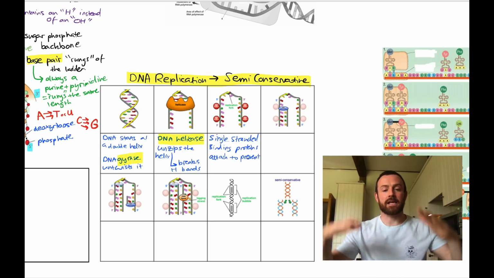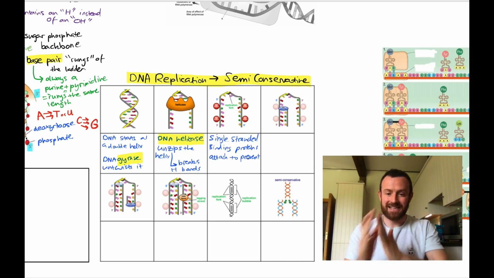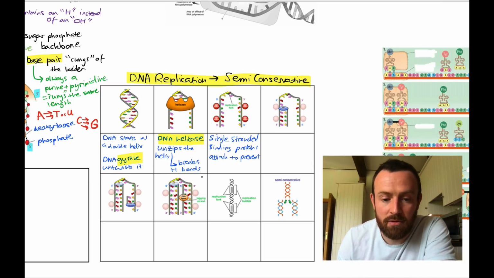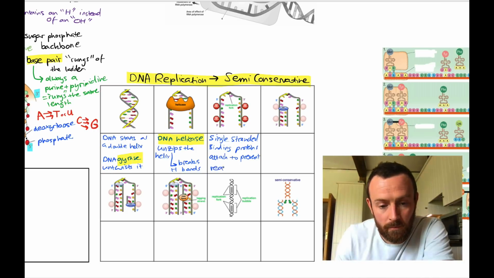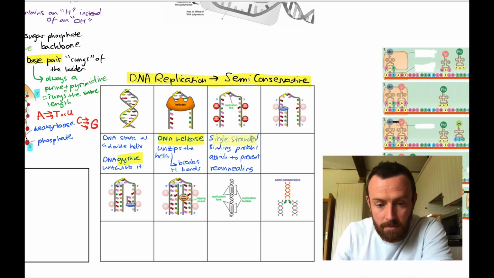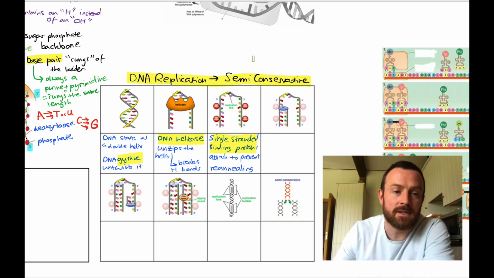So re-annealing is when the two strands would join back together. Kind of imagine them like magnets, almost just locking together like that. So that prevents re-annealing. So let's just highlight that, single-stranded binding proteins, or SSB proteins.